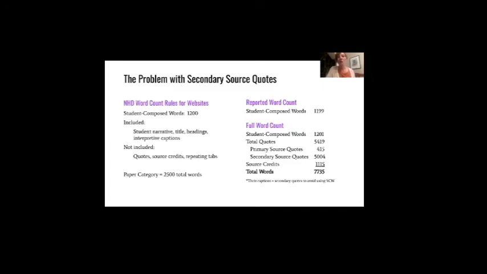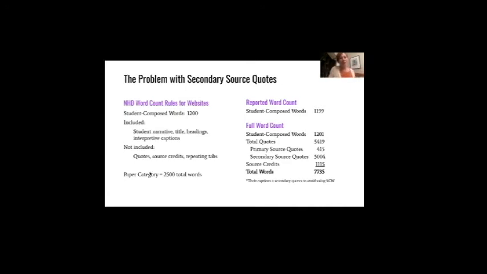So that student composed word count does not include quotes that they put in the project. It doesn't include the source credits that identify where they got their images. And it doesn't include repeating tabs that appear in their navigation bar.